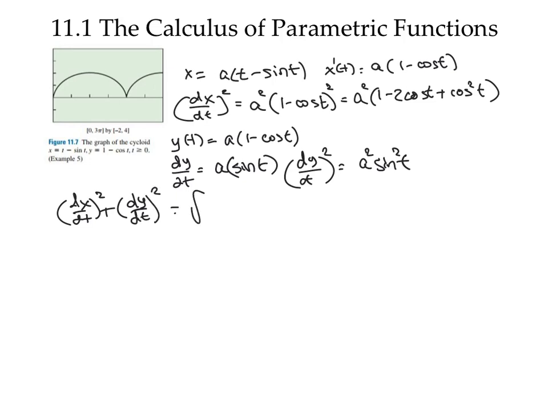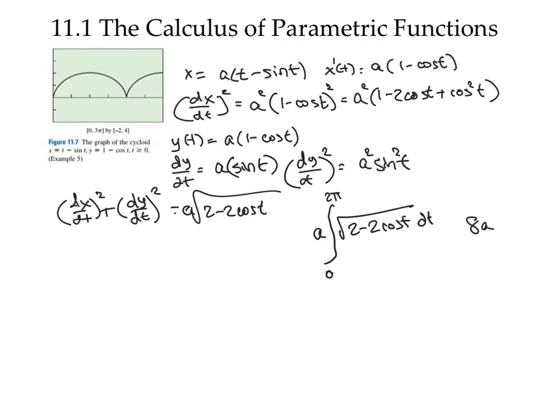And so you'll wind up with 2 minus 2 cos t, whole thing times a. So the curve length will be, and assuming this is a calculator problem, you could do this with numerical integration, and the answer you get is 8a.